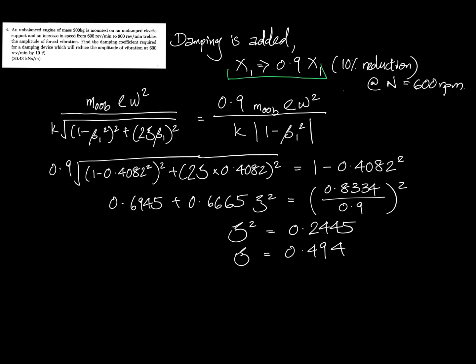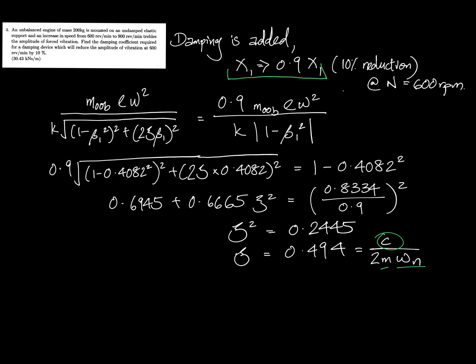And we have derived zeta as 0.494, which is also equal to C over 2 M omega n. We are asked to find C, we have M, we need to derive the natural frequency omega n.